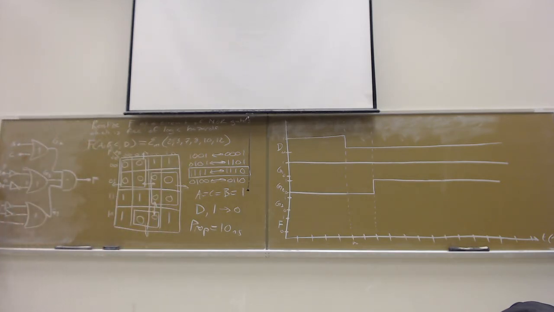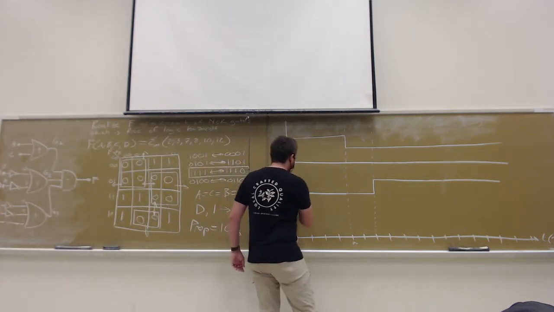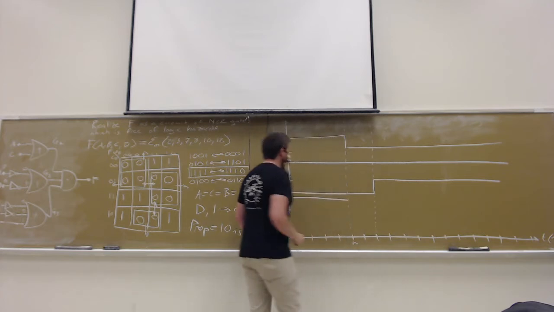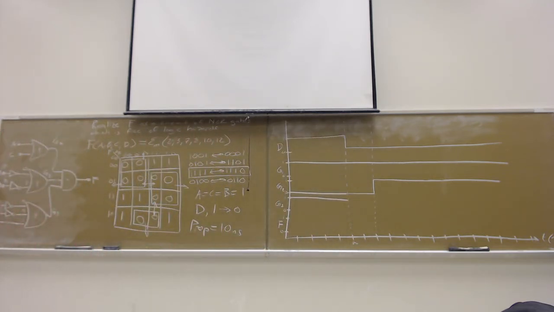All right, now G3. G3 is going to start life as 1, because its inputs are 0, 0, and 1, right? So it starts life as 1. Take these to there. And then what happens?